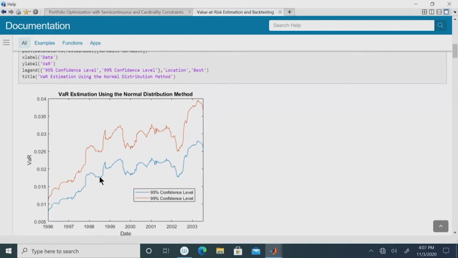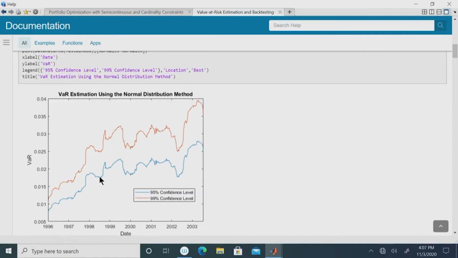Suppose that on 1st January 1996, or for the entire period of 1 year, you are making use of the data, looking at the returns and fitting them to the normal distribution, and you use this to estimate the value of the VaR on 1st January 1997 and so on.